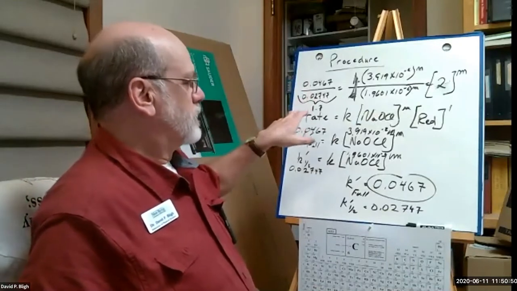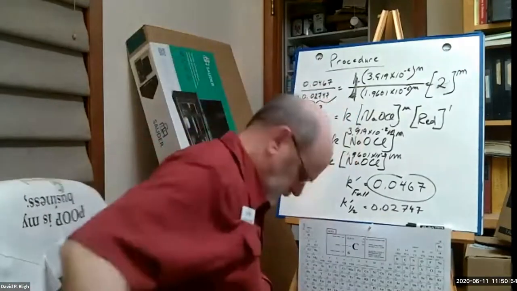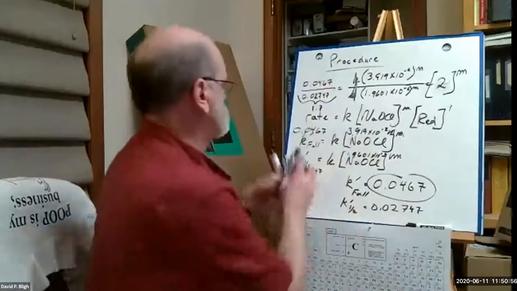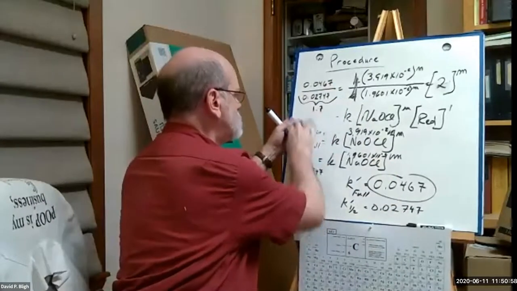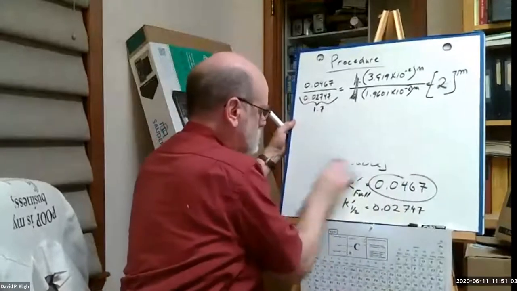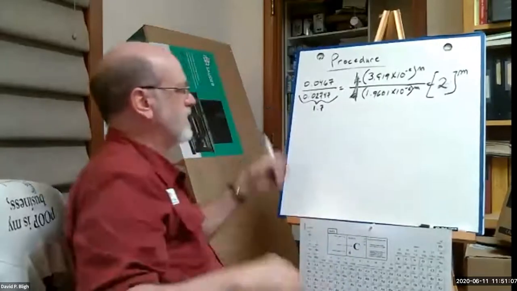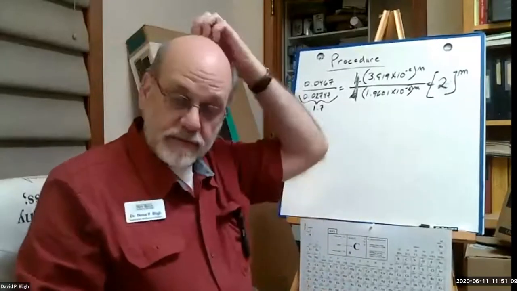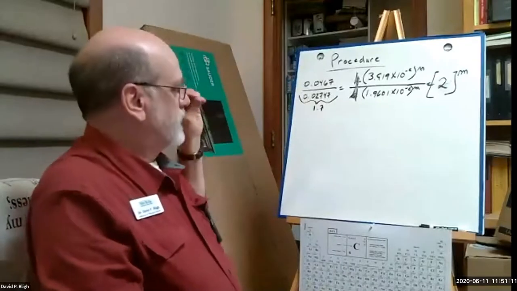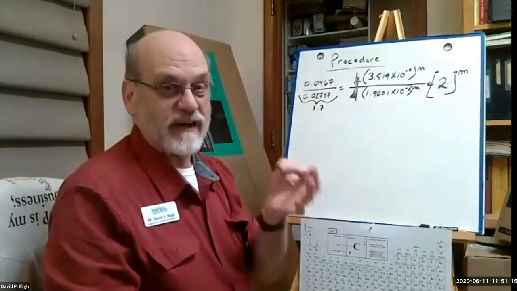So I can show you how to do that. There are two ways. There's the rough estimate way, and then there's the exact way.